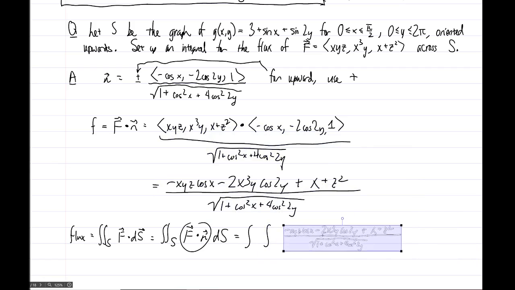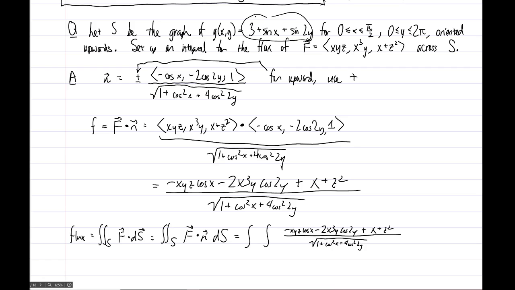Scale that down a little bit. Then we need dS, and that's as usual the magnitude of g sub x cross g sub y, and we actually already computed that.